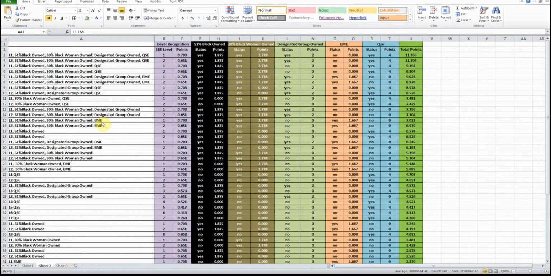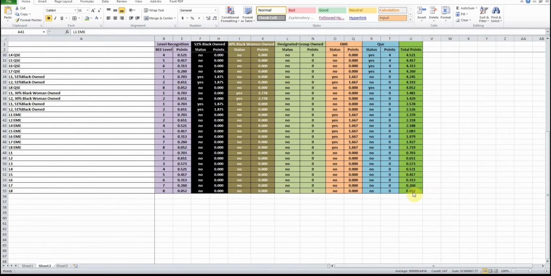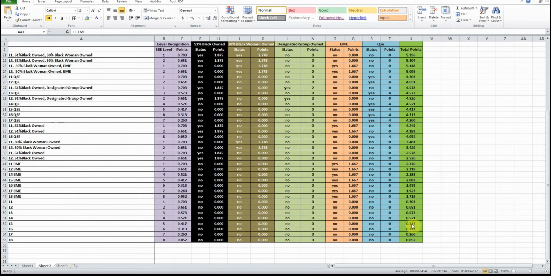Now, if you work on those figures and you look at the examples, this shows you how many points company A will get for the 2.5 million spent at company B, based on the different levels and the different factors involved.